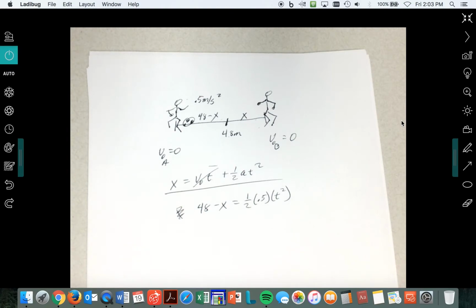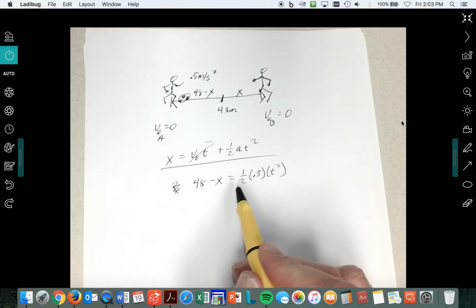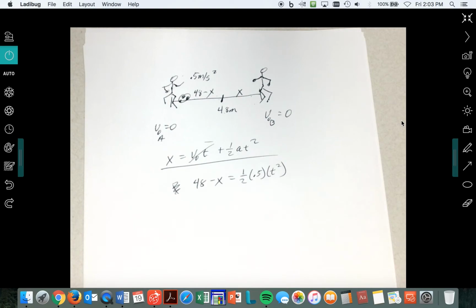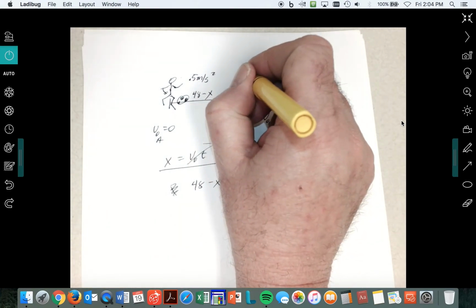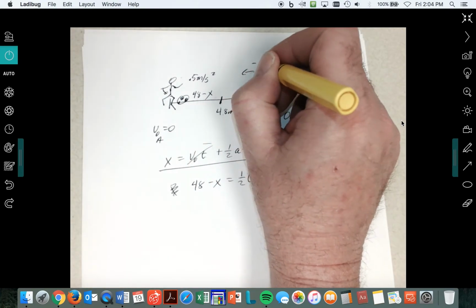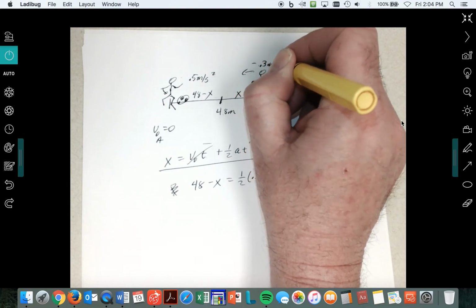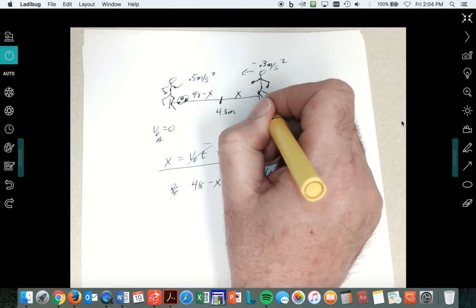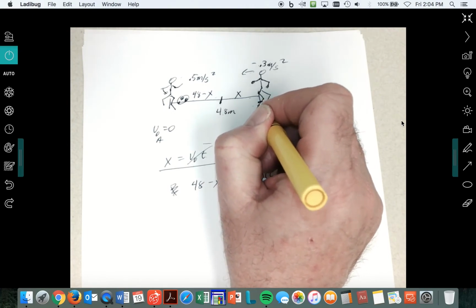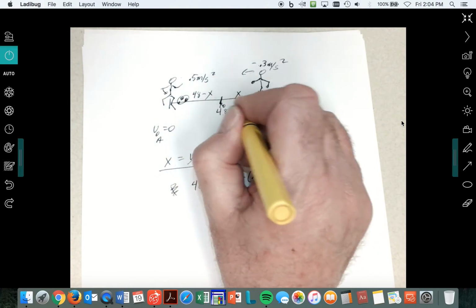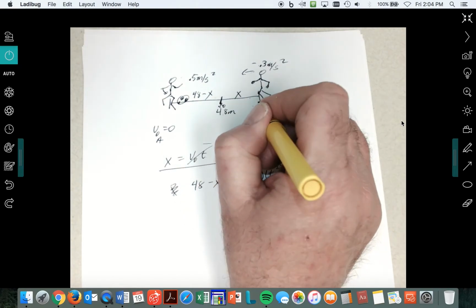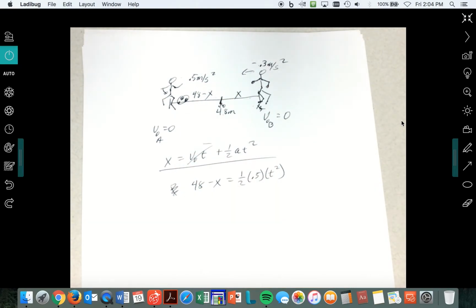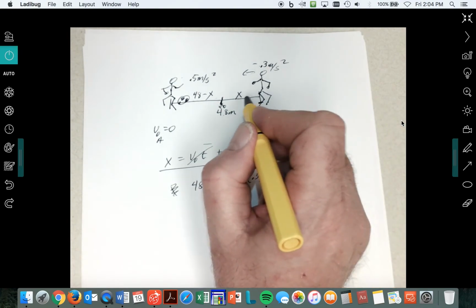Right away you're going, well, wait a minute. I got two unknowns and only one equation. Let's write another equation. We know that this soccer player is accelerating this way in the negative direction, negative 0.3 meters per second squared. And he's going from x initial to x final, so his displacement is in the negative x direction.